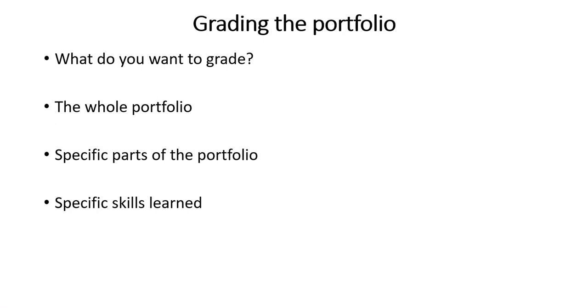So another thing which is also important is the grading. If you are dealing with a portfolio, what do you want to grade? Do you want to grade the whole portfolio, or do you want to grade just parts of the portfolio?